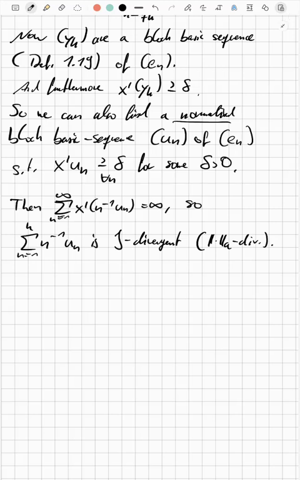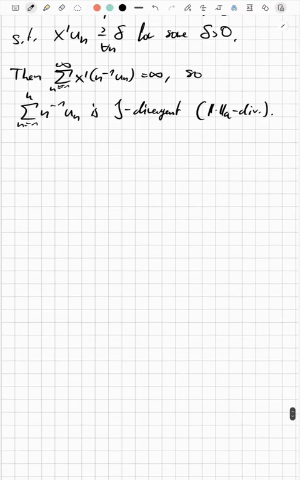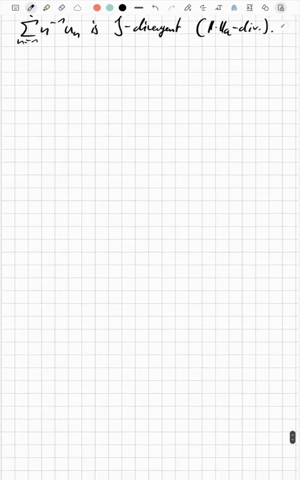And now, to achieve a contradiction, because we assumed the basis to not be shrinking, now we want a contradiction.